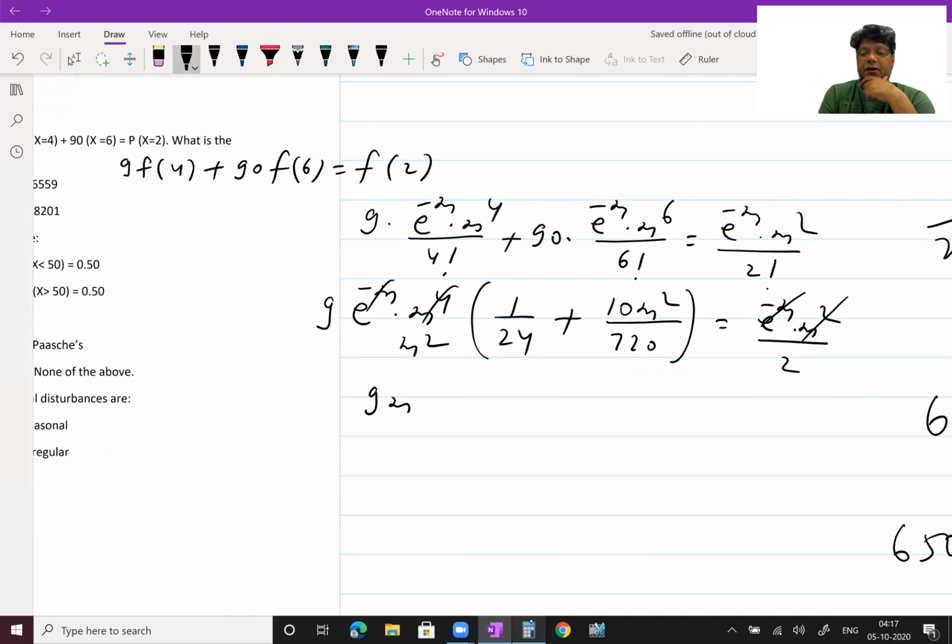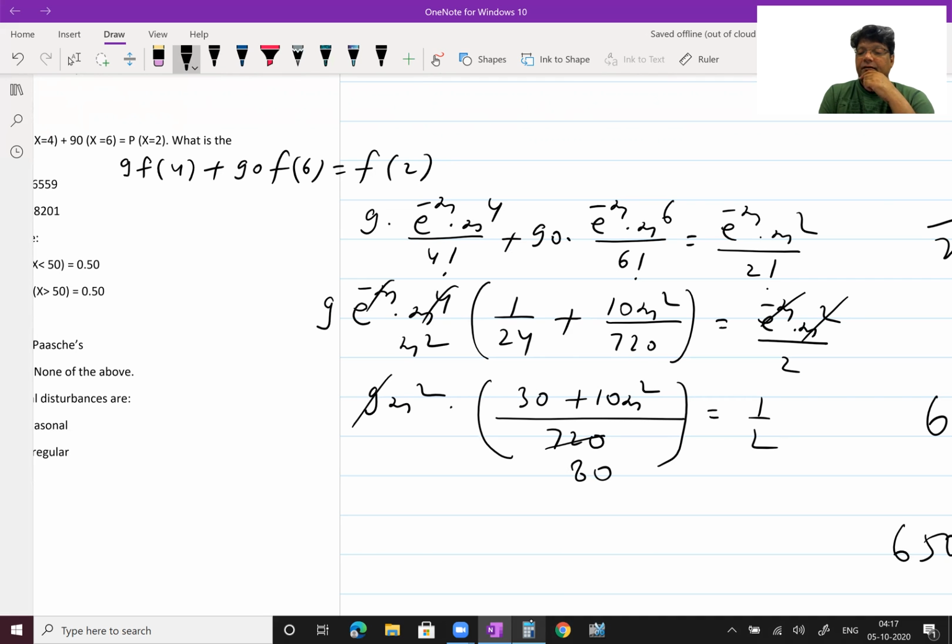So it is 9m square into, if I take the LCM 720, it will be 30 plus 10 m square is equal to 1 by 2. So this 9 can be cancelled with 720, it will be 80, and 2 can be cancelled with this 40.